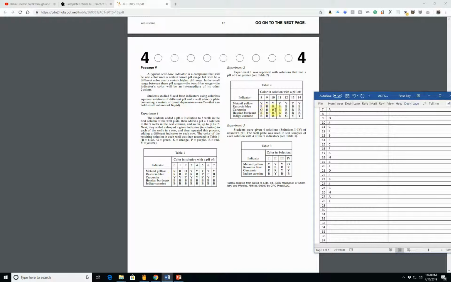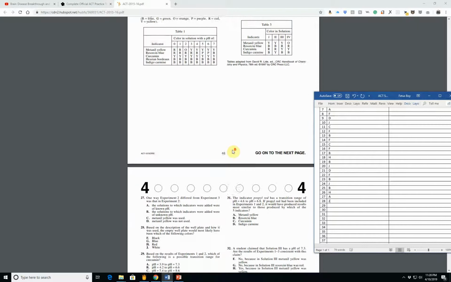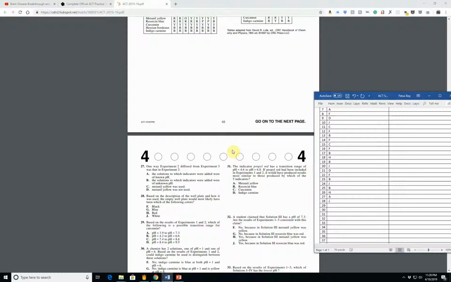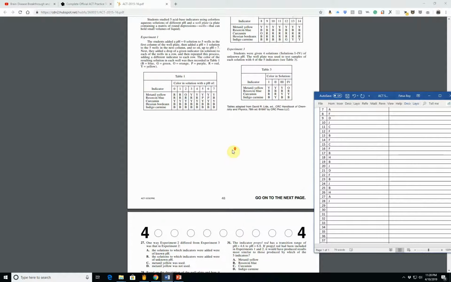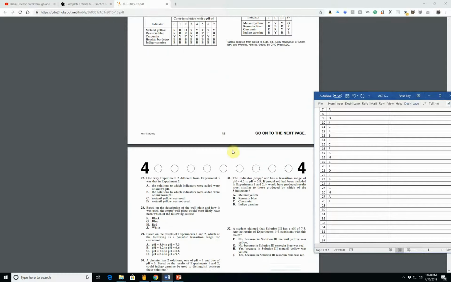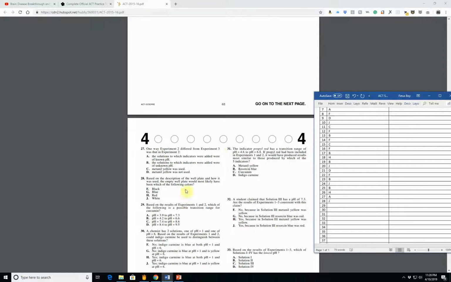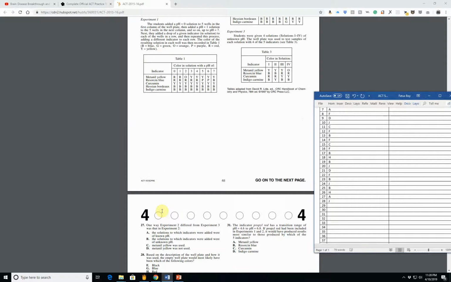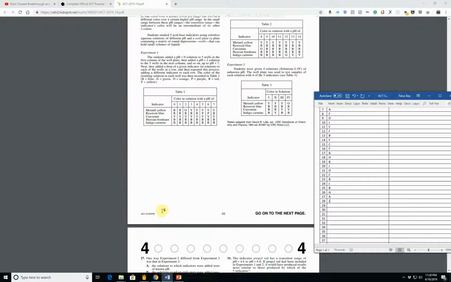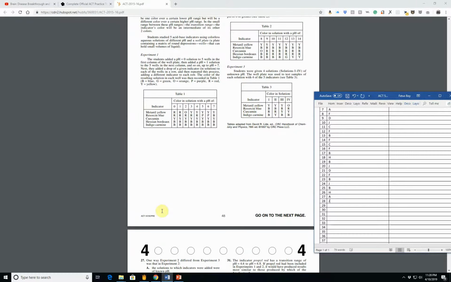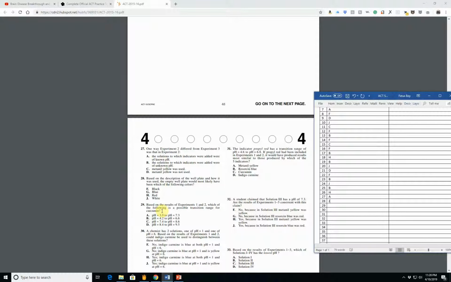Once you get pH over 8, it turns orange, and red for 9 through 14. So somewhere between 7 and 9. So I would go with 7.4 to 8.6.